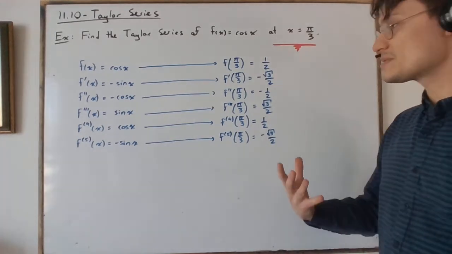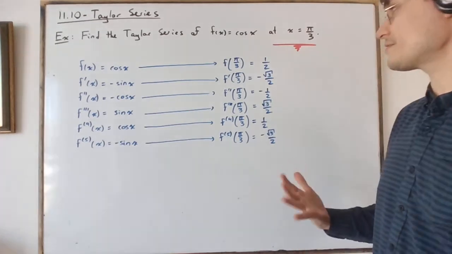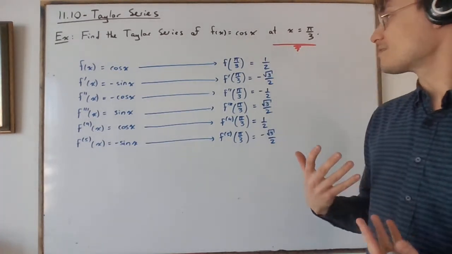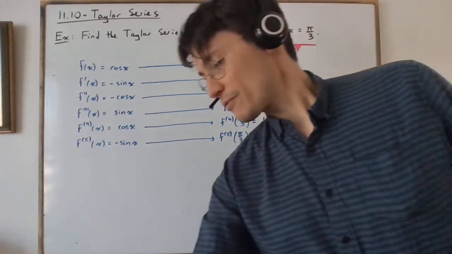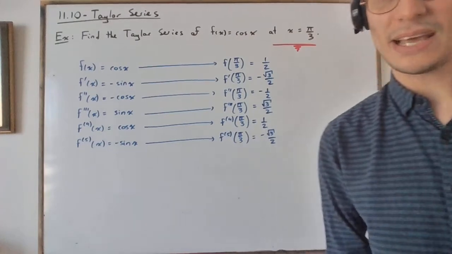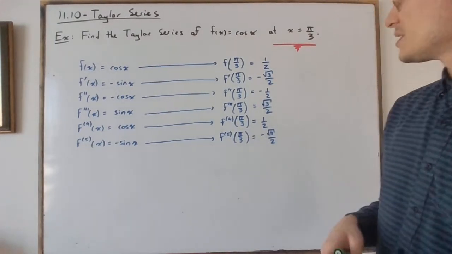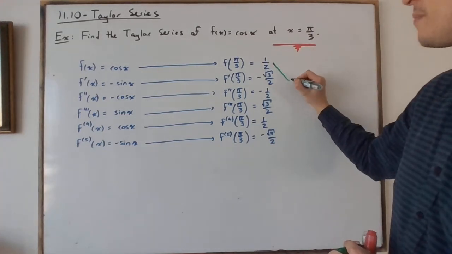The idea is to split this Taylor series into two series. One of them involving the 1/2, and one of them involving the root 3 over 2. So let's use two different colors. Let's use green and orange. Why not? So let's start with the series that involves the 1/2.